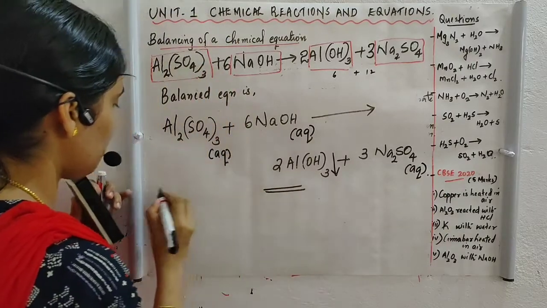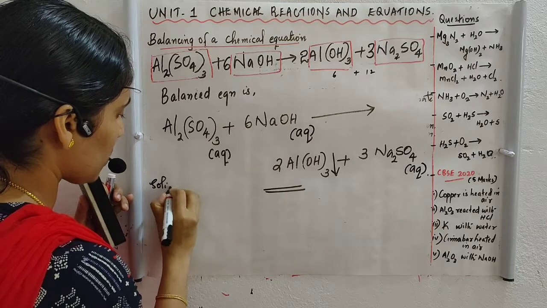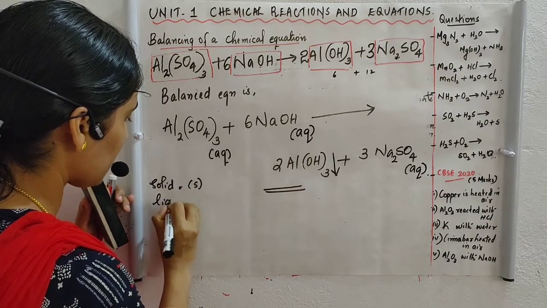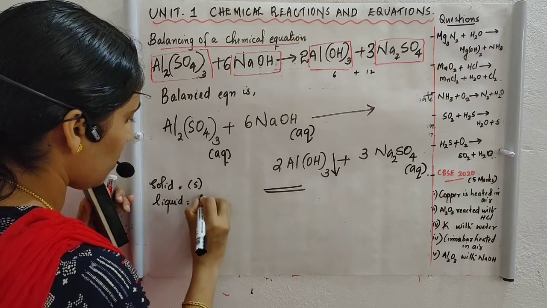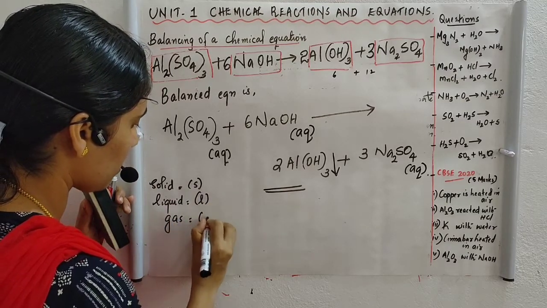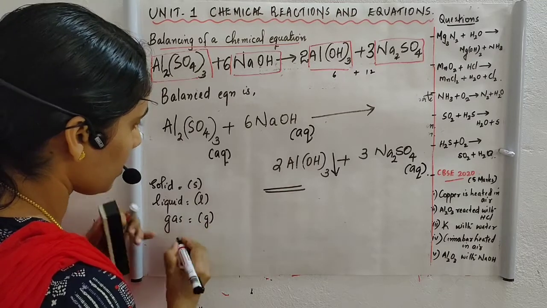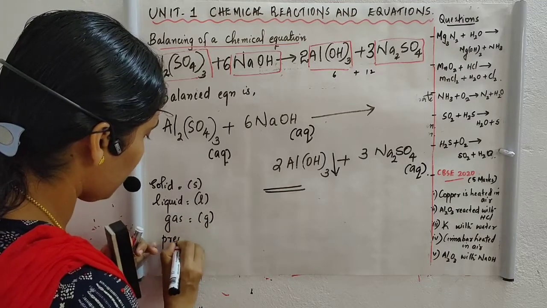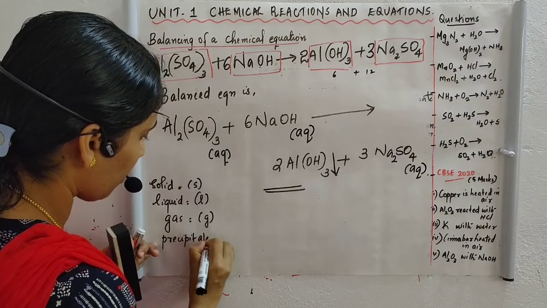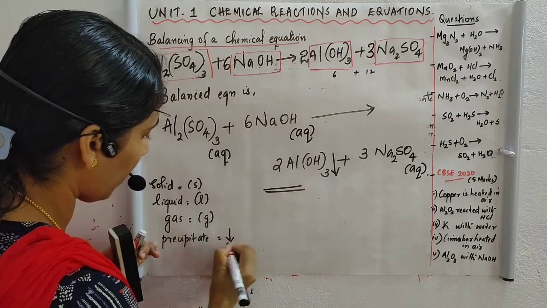So state symbols. Solid means we will represent it as S like this. Liquid means we will use L. Gas means we will use the state symbol G. And when a precipitate is formed, precipitate formation, we will use a downward arrow.